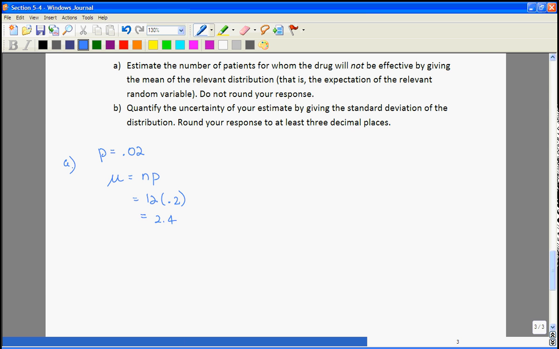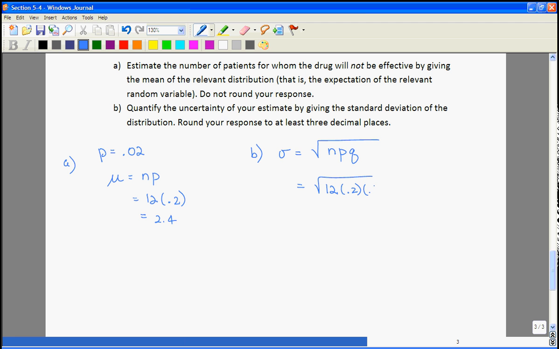So that's Part A. Part B, quantify the uncertainty of your estimate by giving the standard deviation of the distribution. Round your response to at least 3 decimal places. So remember, the standard deviation is the square root of the variance, which is NPQ. The number of trials, patients, is 12. The probability of not being effective is 0.2.